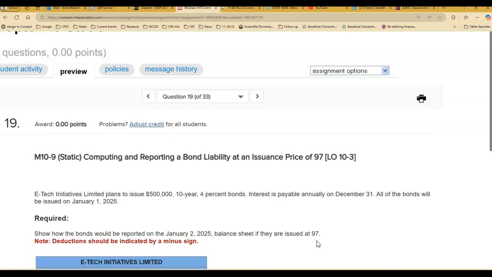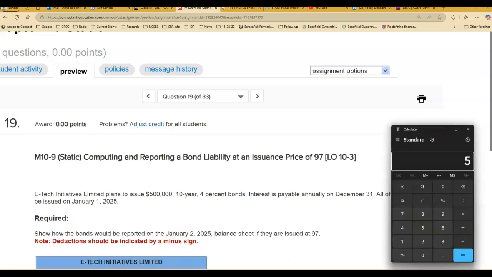So again, remember, the way that we state bond issuances and values in the marketplace is as a percentage of face value. If they were issued at 97, that simply means that we issued $500,000 worth of bonds at 97% of face value.